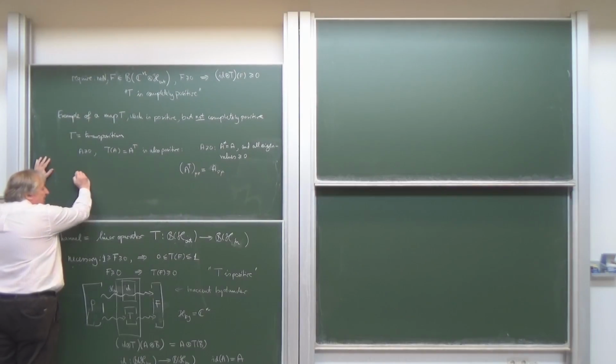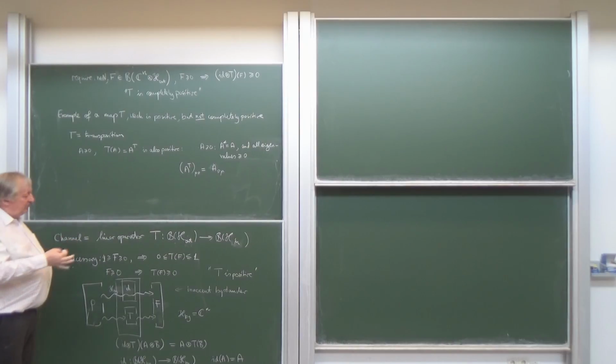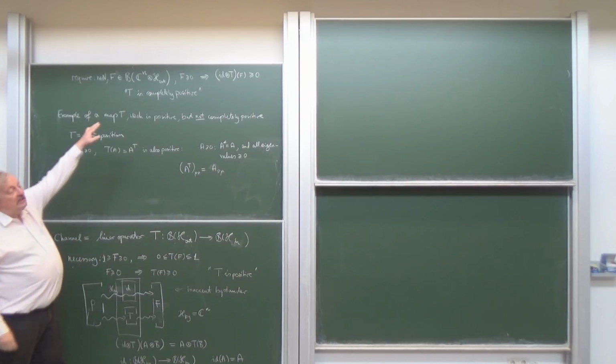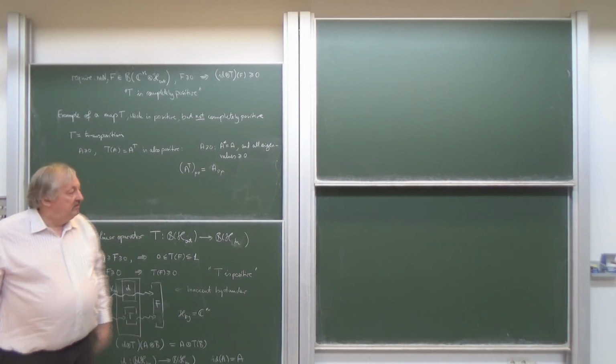Now let's apply T tensor identity to a suitable operator on a tensor product. You see here, in order to test that, we need to look at an operator on a tensor product.